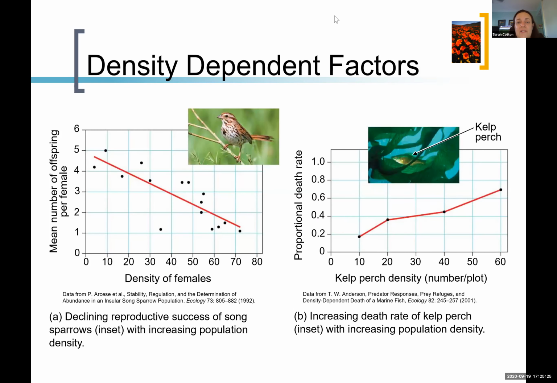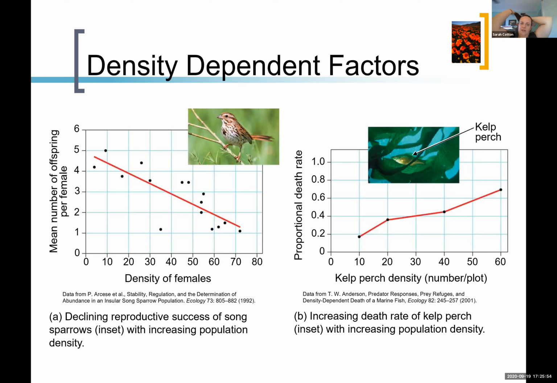How do density dependent factors control population sizes? Sometimes it's a matter of reducing the number of offspring that are born or hatched or produced. So here's a little graph, and all of these come from actual studies. I'm not super concerned that you can interpret them in tremendous detail, but it's just worth looking at.